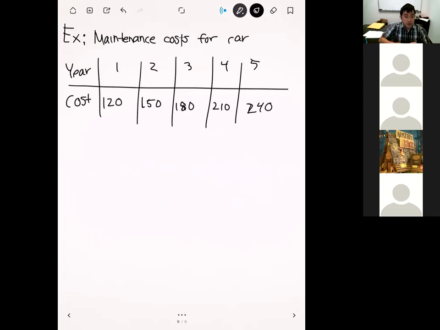Your friend sees this maintenance schedule, and he says, I don't want to have to worry about this every single year. So what he wants to do is set aside a lump sum of money right now that's going to cover all the maintenance costs for 5 years.